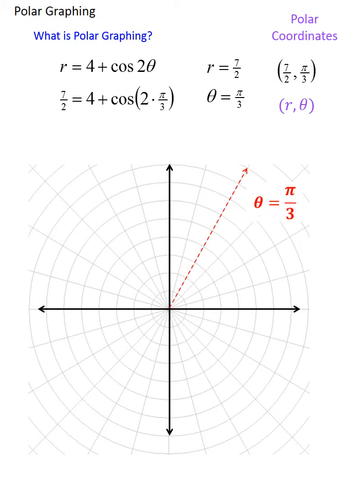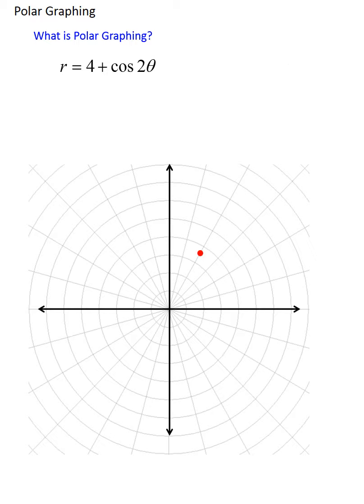Now notice this represents all points whose angle is pi over 3. This represents all points whose distance from the origin, or r value, is 3.5 or 7/2. And here is the only point with both of those conditions met. And so that is the point 7/2 comma pi over 3.